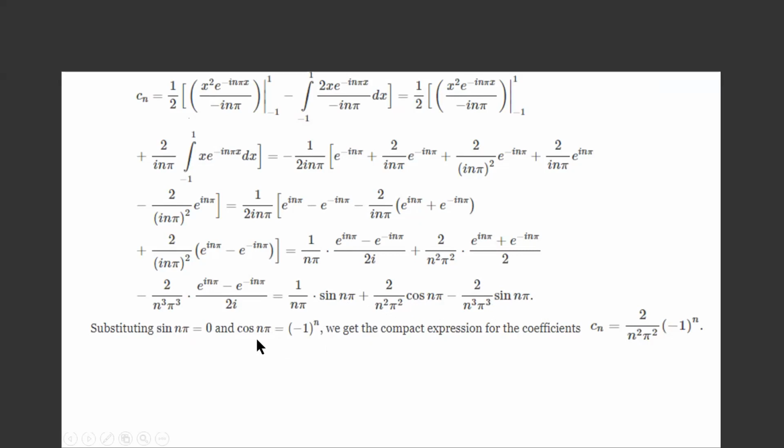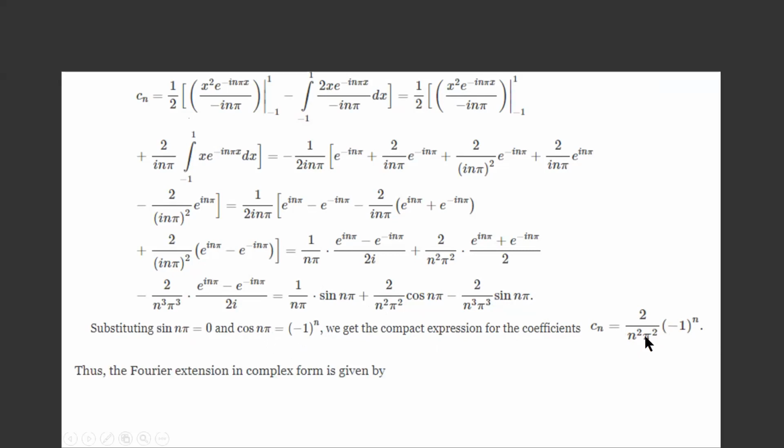If n is odd, you will have minus 1 because cosine pi, cosine 3 pi, cosine 5 pi are minus 1. But if n is even, cosine 2 pi, cosine 4 pi, cosine 6 pi are positive 1, etc. So I can write the coefficient of my complex Fourier series like this.